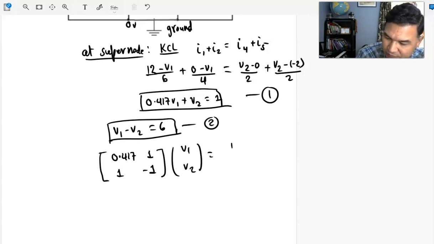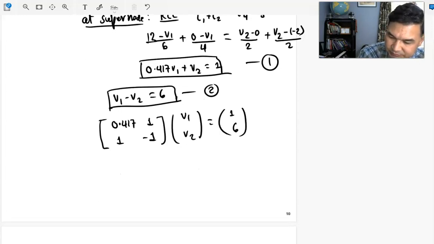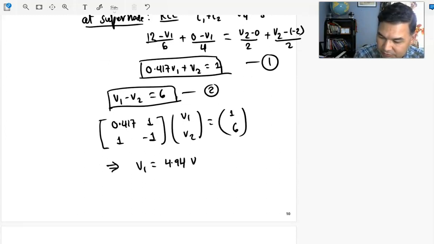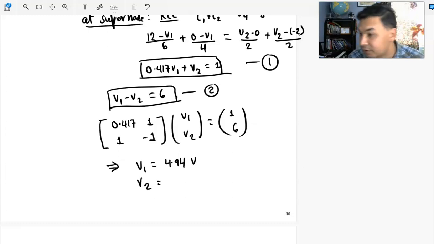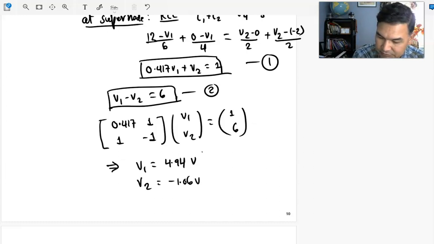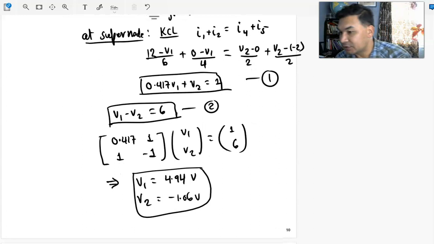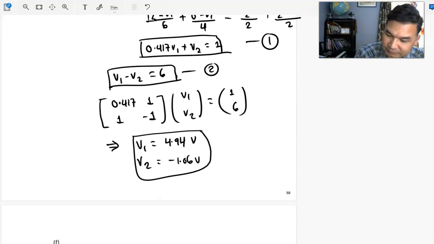On the right hand side is 1 and 6. If you solve this matrix, you're going to get 4.94 volts, and you will end up with negative 1.06 volts. These are the answers. And once you have this, you can find all the currents.